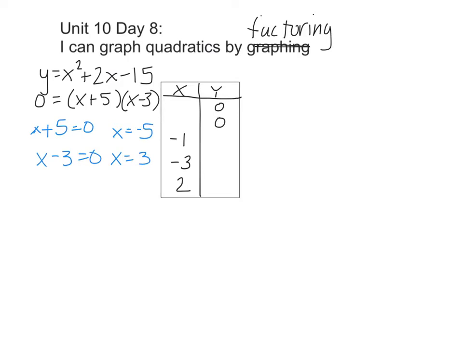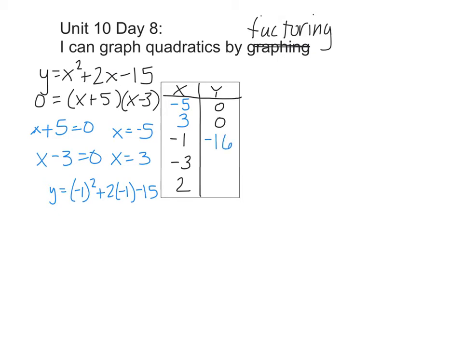All right, so we've got negative 5, 3, and we have a couple other values on the table. We need to plug those into the equation. Y equals negative 1 squared plus 2 times negative 1 minus 15. If we do that on our calculator, we get negative 16.